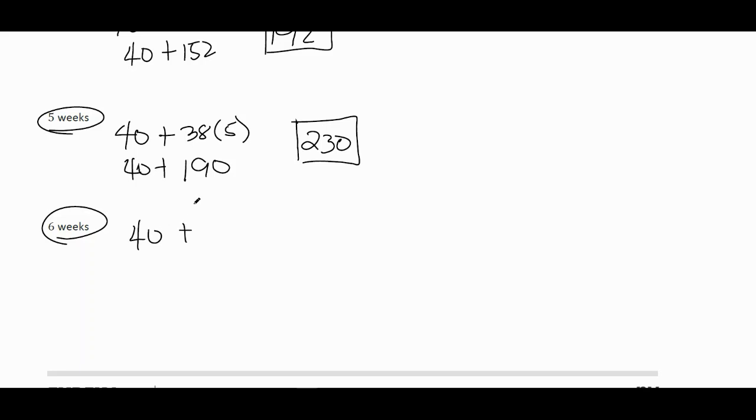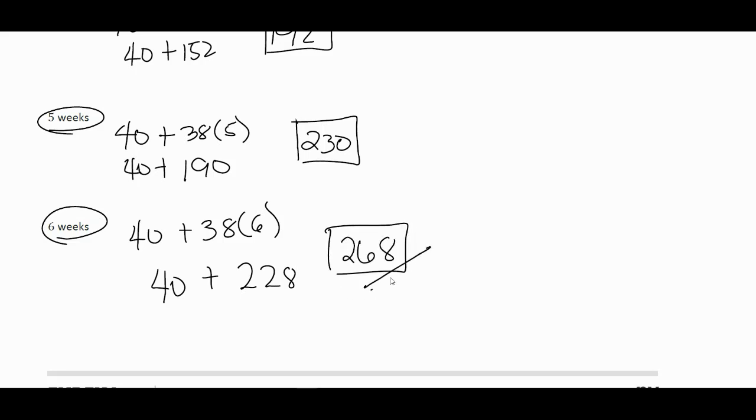So 40 plus 38 times 6. 38 times 6 is 228. Adding that will result to 268. So we got the aim. Basically, it should be at least 6 weeks.